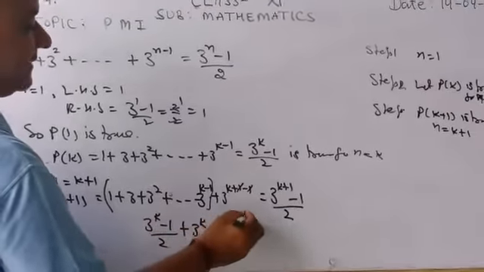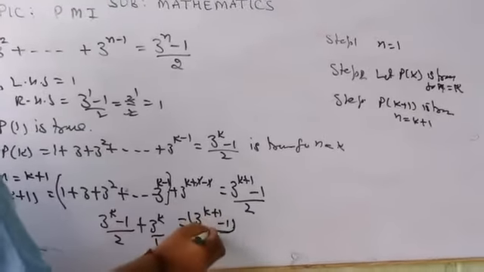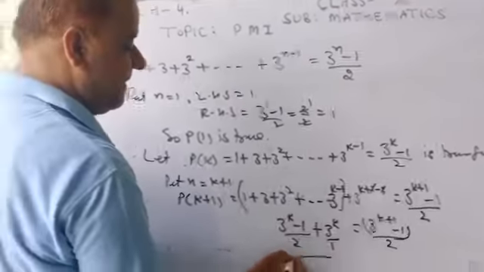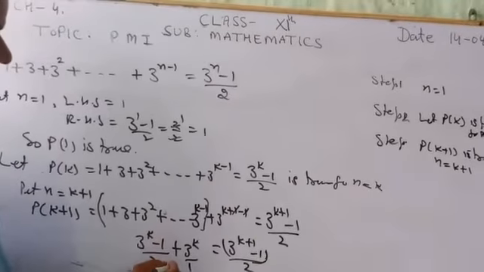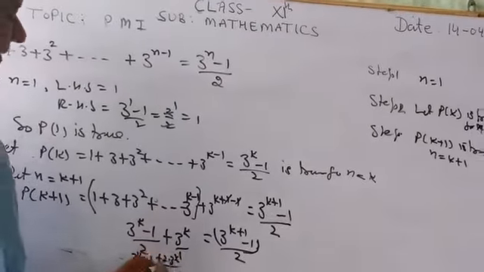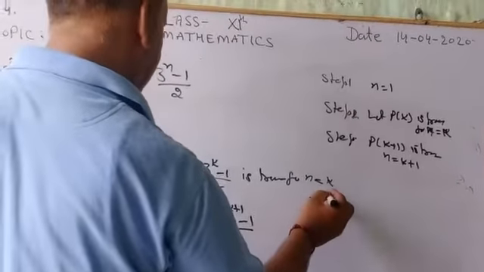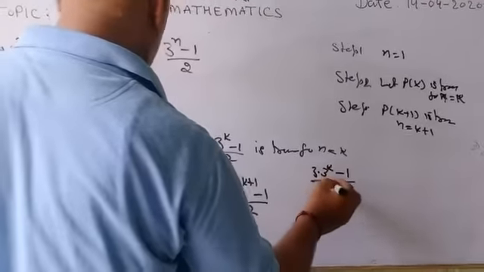Now look here, right hand side 3 raised to k plus 1 minus 1 upon 2. So we are taking 2 as LCM: 3 raised to k minus 1 plus 2 into 3 raised to k. Also we are taking common 3 raised to k into 3 minus 1 upon 2.